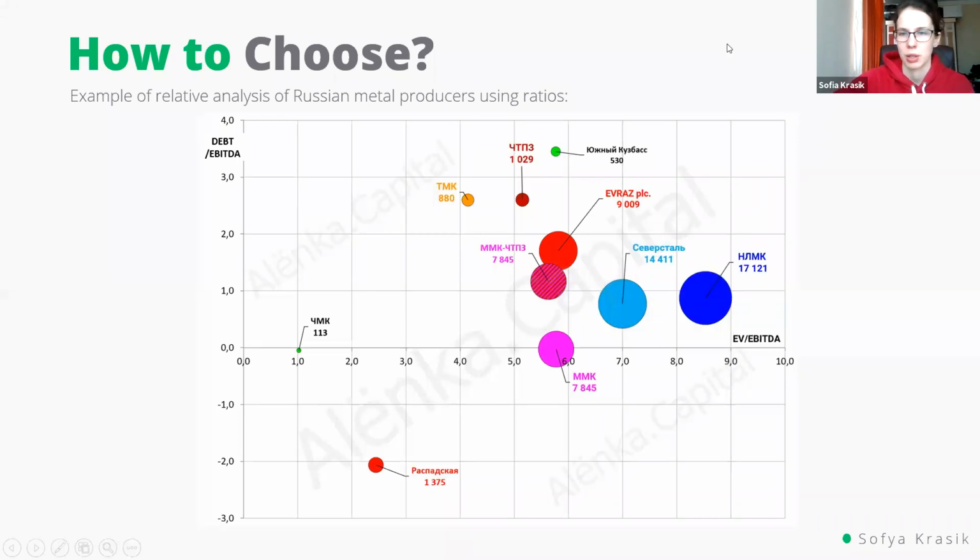The question to you: if you want to invest in a company, let's start with EV to EBITDA. If you consider some company to invest in, would you be willing to have a high EV to EBITDA, or a low EV to EBITDA ratio? I can remind you that EV, or enterprise value, is similar to market capitalization, but it also accounts for the company's debt.